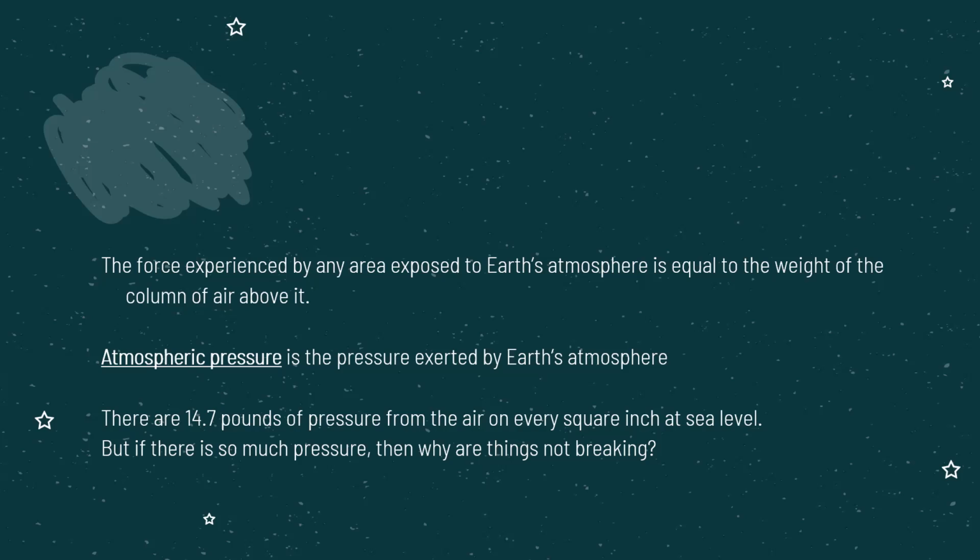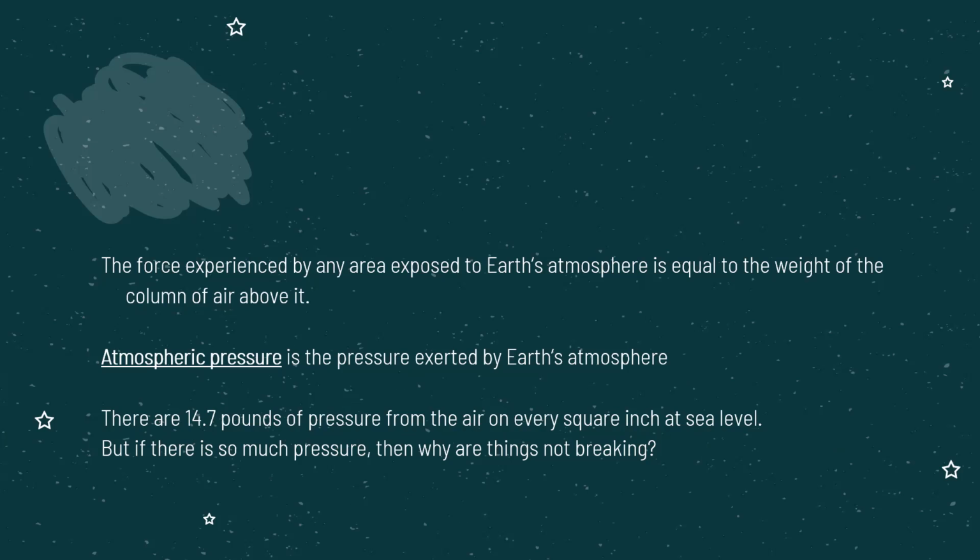Actually, if you look on the third line, I wrote here that there's 14.7 pounds of pressure from the air alone on every square inch at sea level. So if there's so much pressure, then why are things not breaking? I think your textbook uses an example of a flimsy piece of paper.